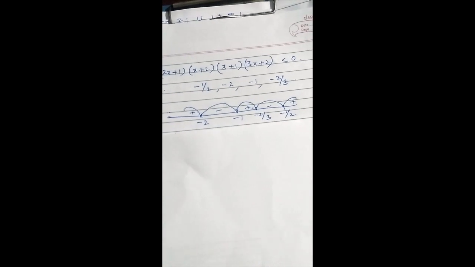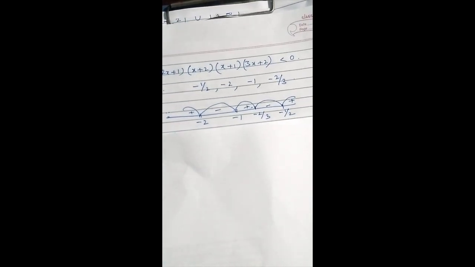Right? Now draw the number line. Mark only these values there with the correct location. Minus 2 followed by minus 1 followed by minus 2 by 3 followed by minus half. Do your positive negative intervals, draw them, mark them, and now going back to the question.